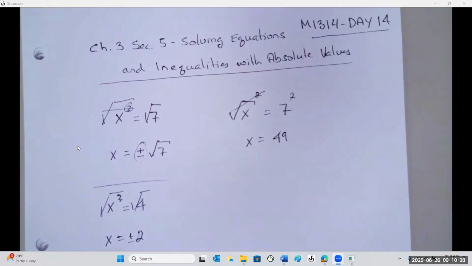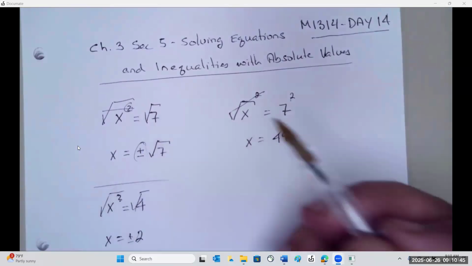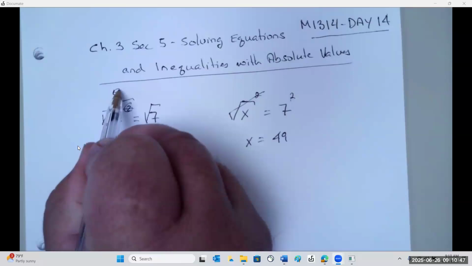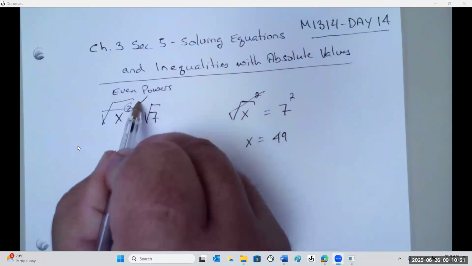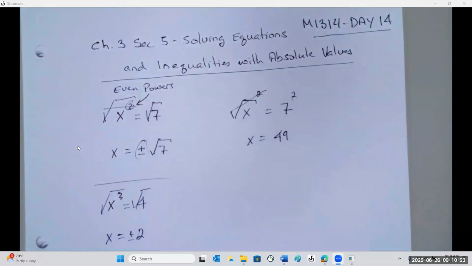Okay, so this process works for even powers. In other words, if that power is even, you have to follow the same rules.